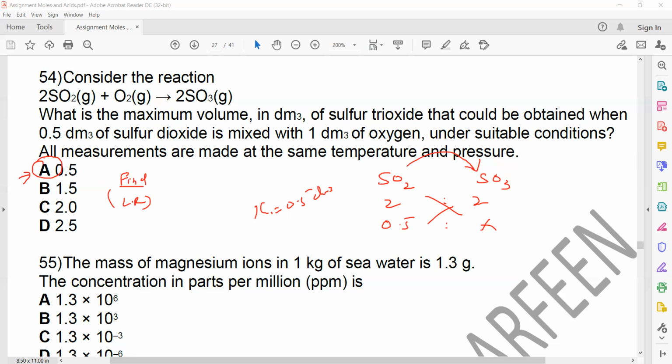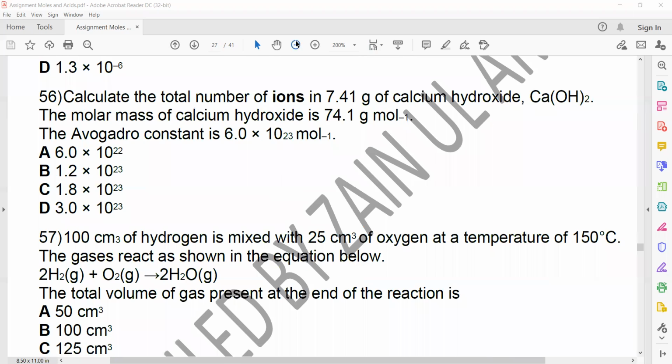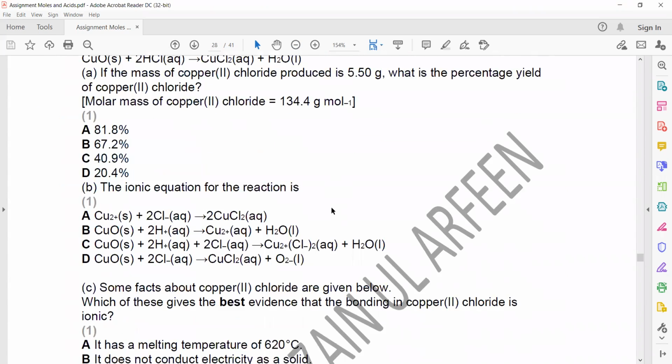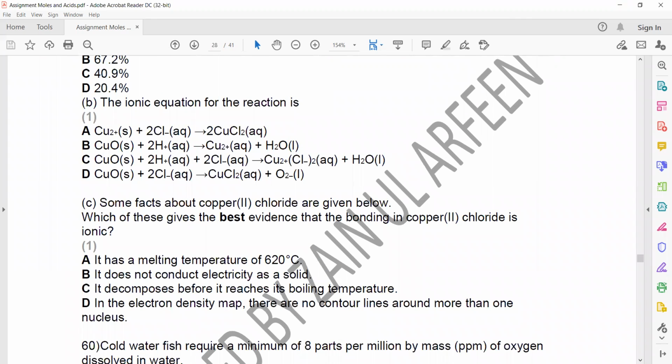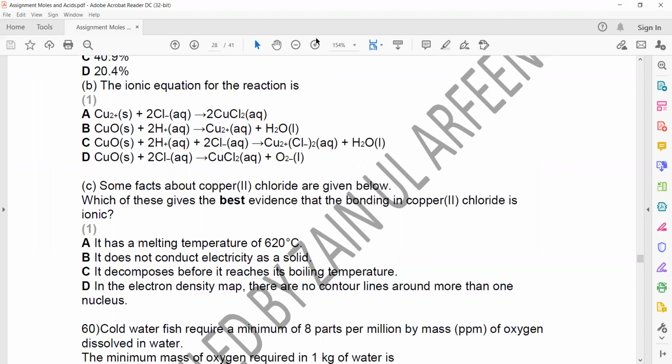Next is 59, part C. In this question, some facts about copper chloride are given below.